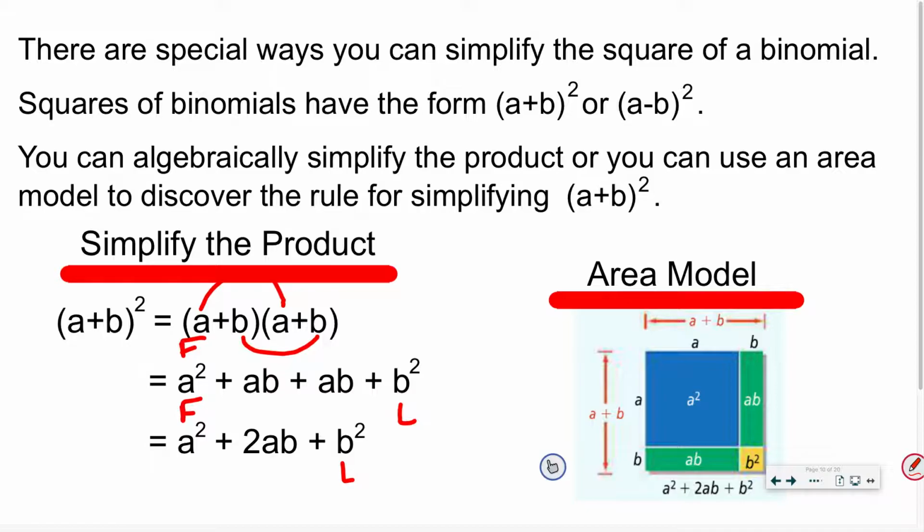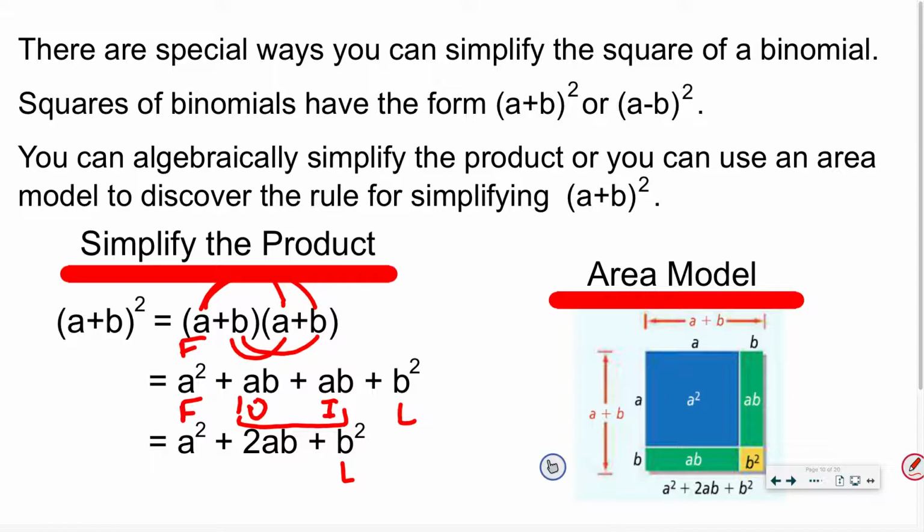The O and the I, the middle, is where we see what? What do you notice happens when you multiply the outside, A times B, and then the two insides, which are essentially another A times B? How many of them do you have? I have two. This would be the O, and this would be the I. That's where the 2 is coming from, because really you're multiplying those, but then you have 2 of them.